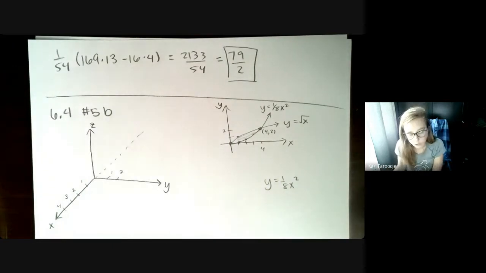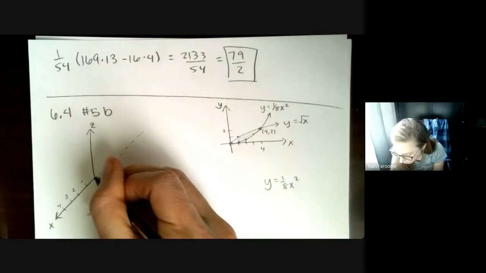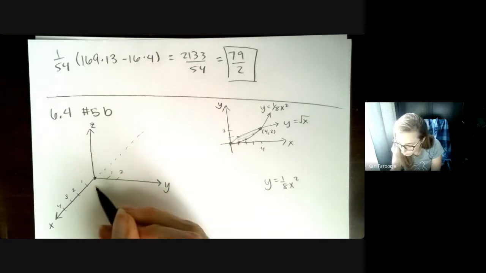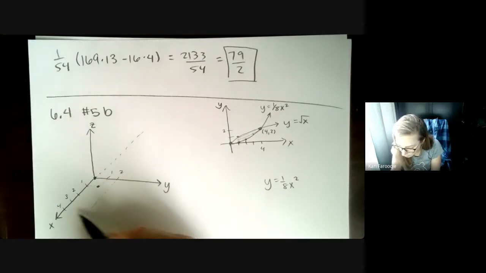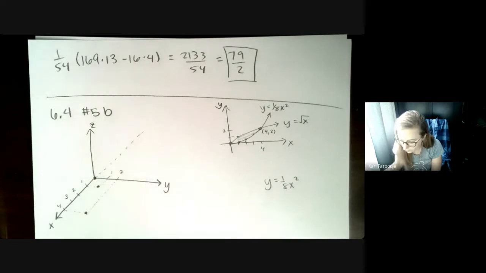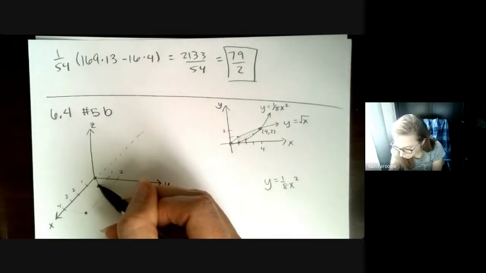Okay, so we're going 1, 2. So we have a point at (0, 0). When you're graphing your square root function, you know you have a point at (1, 1). And then you know you have a point at (4, 2). I'm looking at this kind of upside down, as are you. So here's your radical function.